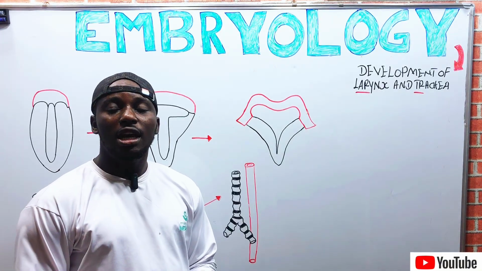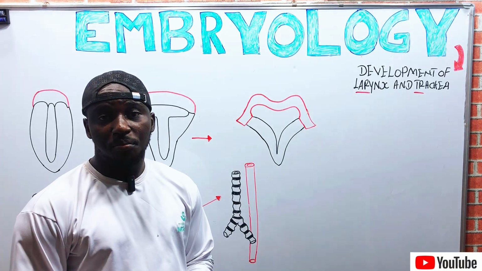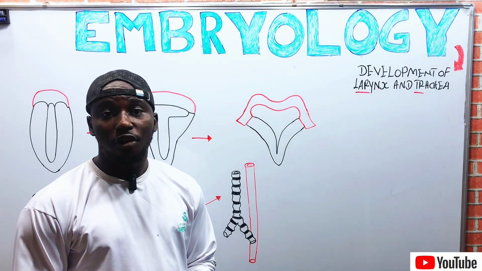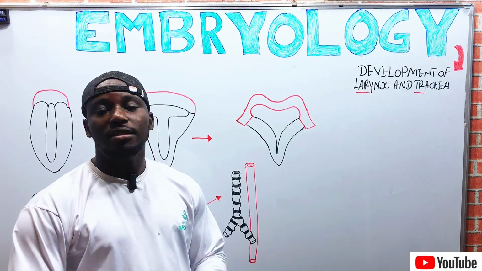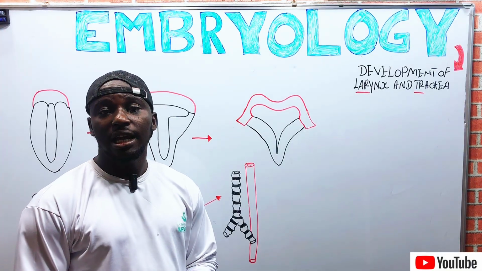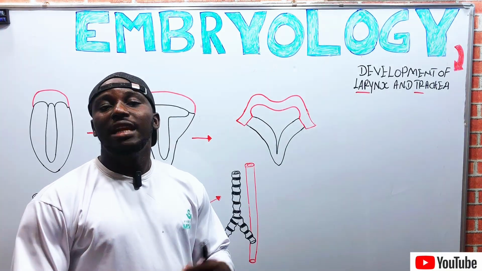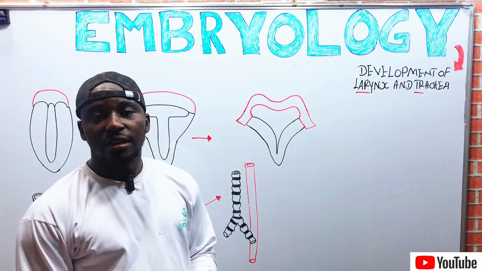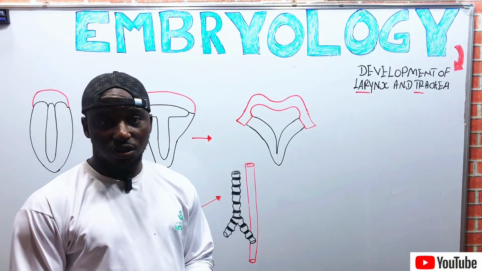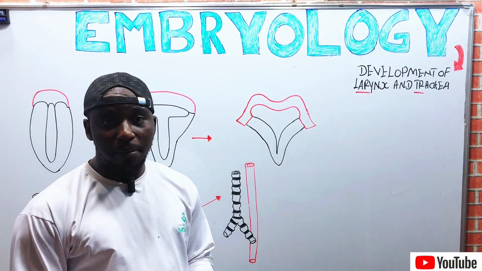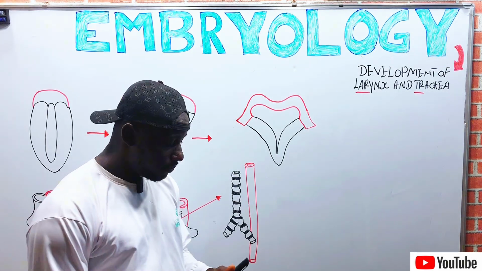The lining is usually an endoderm. That means the lining of the respiratory structures is endodermal in origin, right?